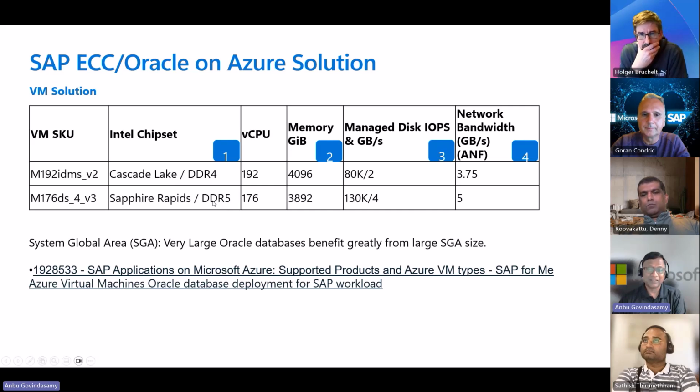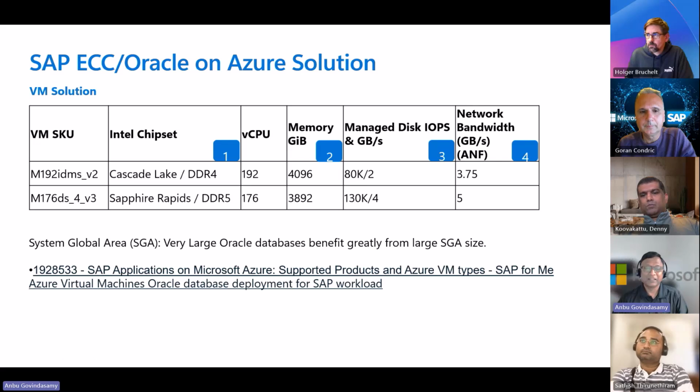Why is it important? When we come to Azure with such a large database, when you analyze the IO pattern of an ECC or OLTP workload, about 70 to 80% of it is read access all the time. Can we buffer those reads into memory? Once I buffer to memory, I also need extremely fast memory access to provide the performance the chipset can deliver.